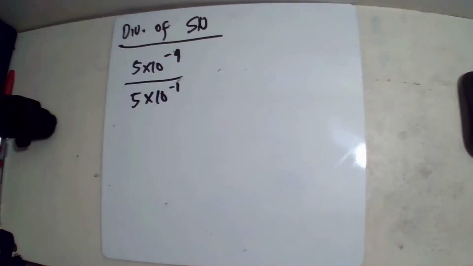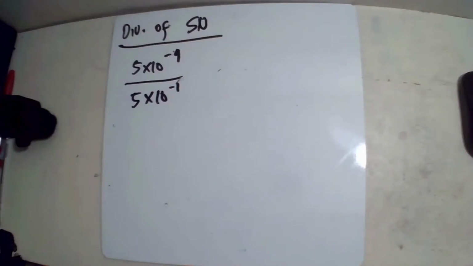The rule here is similar to multiplication. What are you going to do for the exponent? We're going to subtract the exponents for the division of scientific notation.